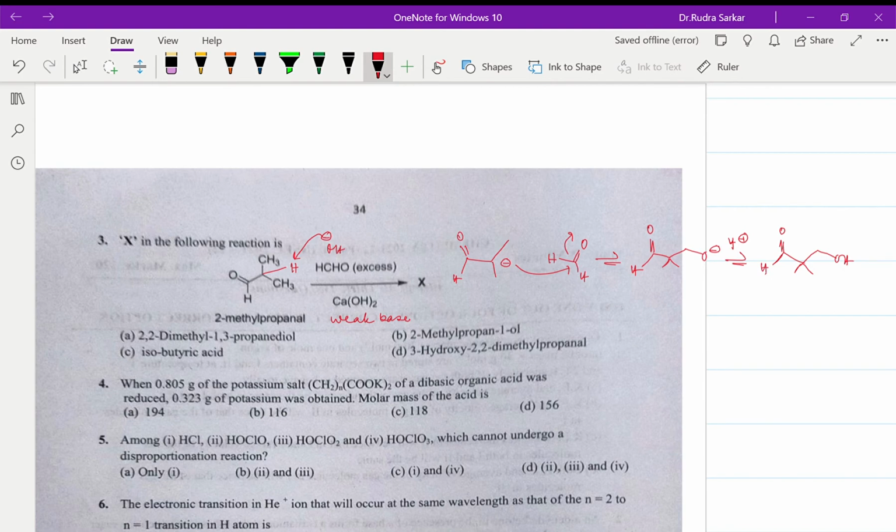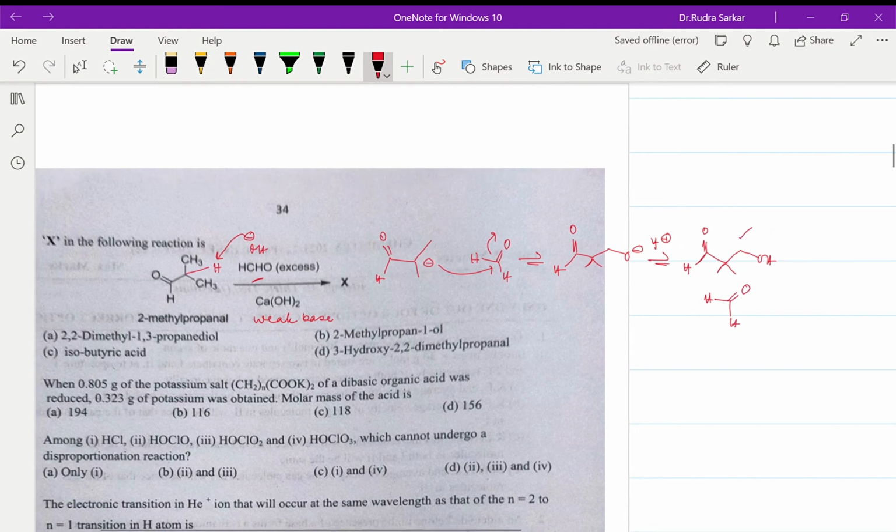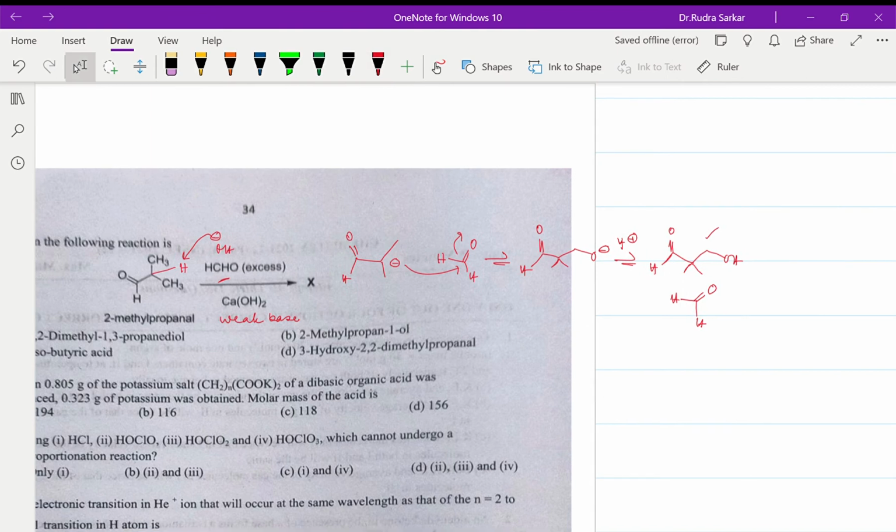Now since there is an excess amount of HCHO, over here now what will happen is this molecule and the formaldehyde both do not have any alpha proton, so a Cannizzaro type reaction will now take place over here, in which the OH minus will make an attack over here, which will go like this, and this will give you an intermediate of this type.